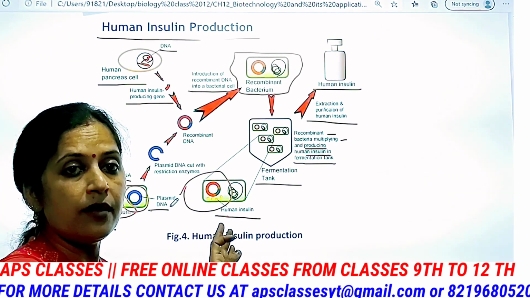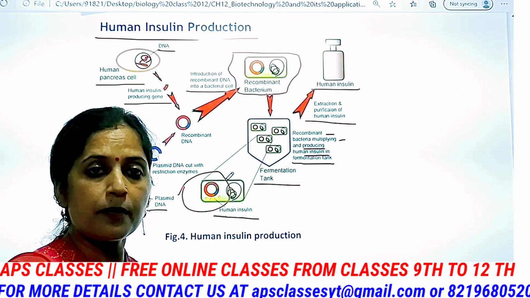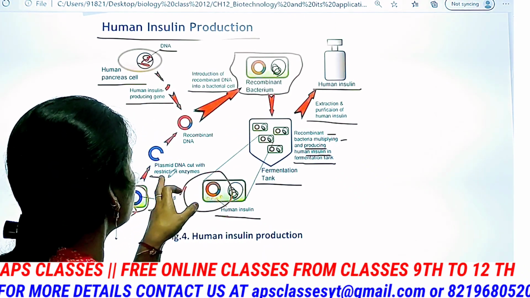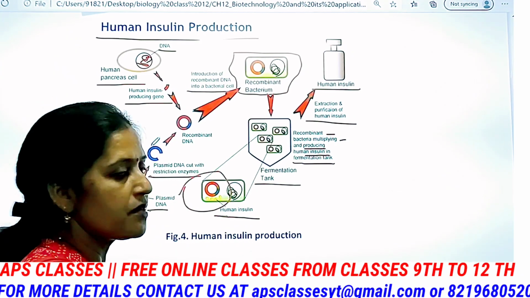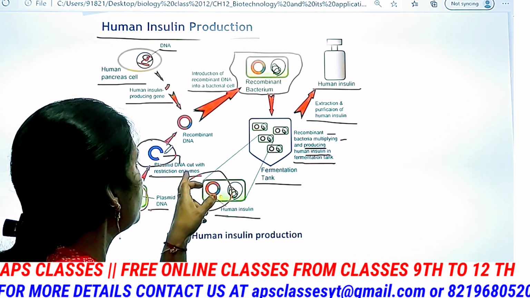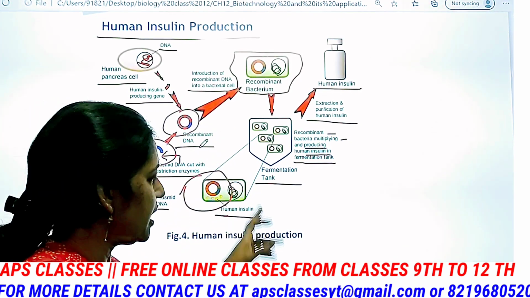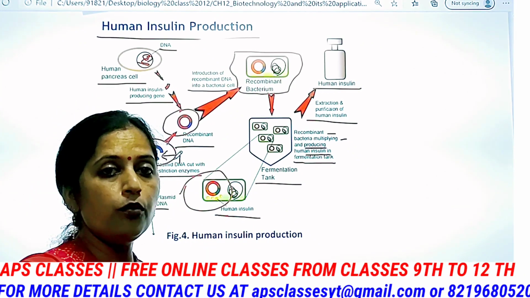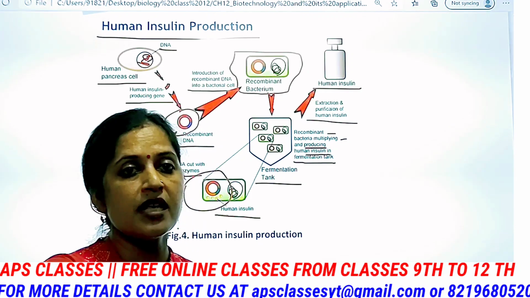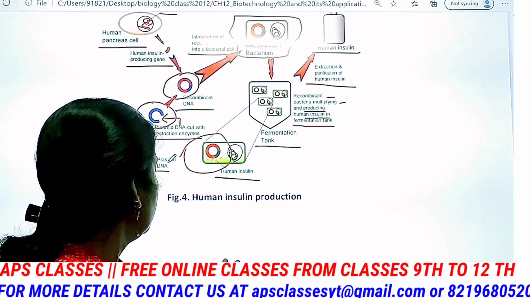That means in the bacterium both bacterial DNA as well as plasmid DNA are present, and this is the plasmid DNA cut with the restriction enzyme. अभी plasmid DNA will be cut with the help of this restriction enzyme, and after that there is the formation of the recombinant DNA. So this is how human insulin production takes place, clearly shown with the help of this diagram.